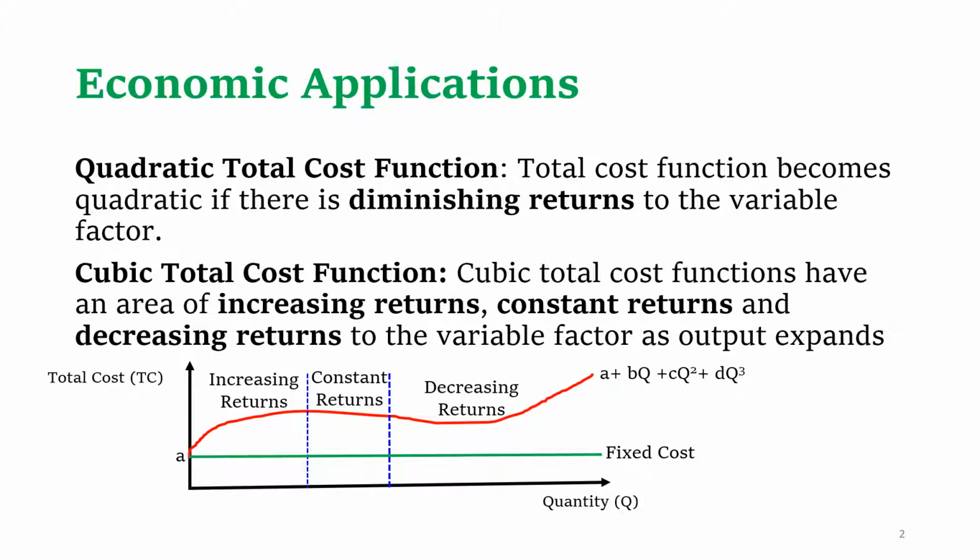We are going to discuss this in detail when we deal with the theory of production, where you have only one input, which is labor, and what happens when you continue to increase the number of employees, what happens to the total return, or what happens to the marginal return.